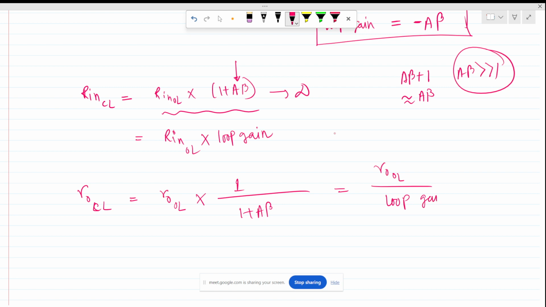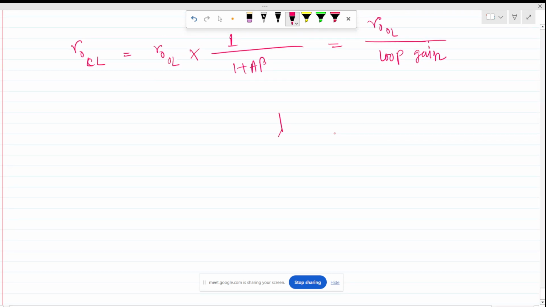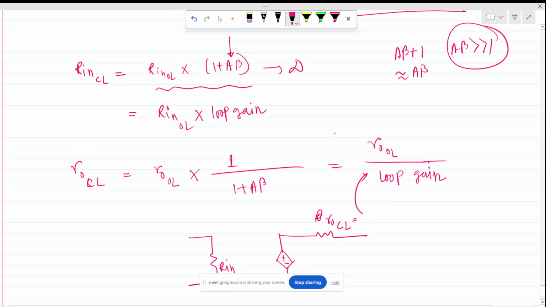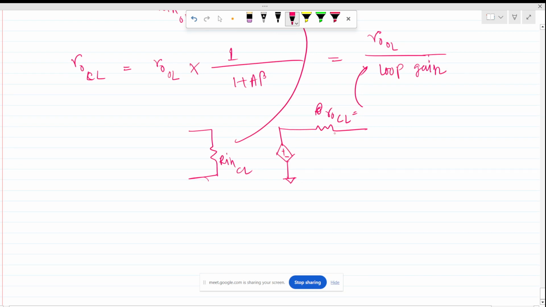The closed loop output impedance is reduced by the loop gain factor, so our circuit becomes a more ideal voltage controlled voltage source. This is RO closed loop, and this is R in closed loop. This is how negative feedback works in our real circuits.